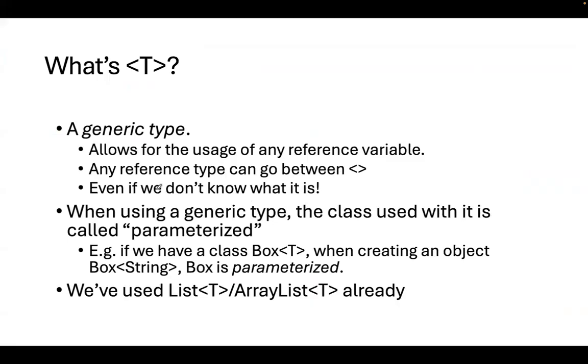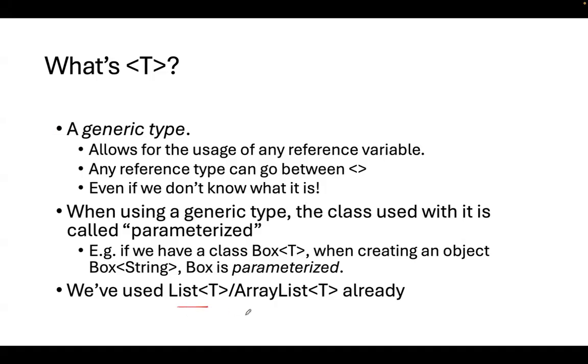All right. So any reference type can go between those angle brackets, even if we don't know what it is, even if we haven't created it yet. Once we create it, we can use it. When we are using a generic type, the class that is used with it is parameterized. So if we've got our class Box T, when we have an object with a person inside of our box, now that object is parameterized.